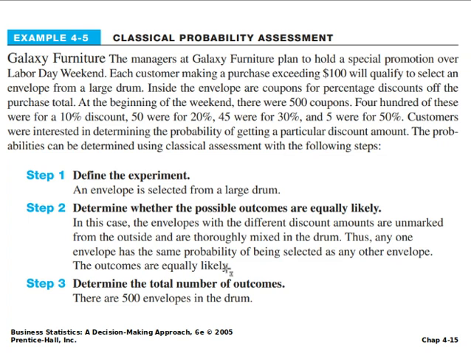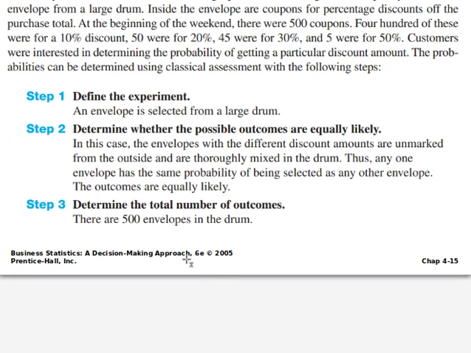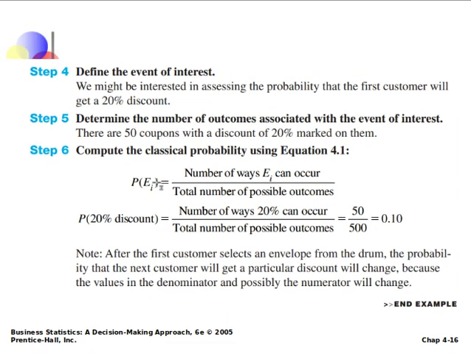So that's random. Step 3. Determine the total number of outcomes. There are 500 envelopes in the drum. Step 4. Define the event of interest. We might be interested in assessing the probability that the first customer will get a 20% discount.